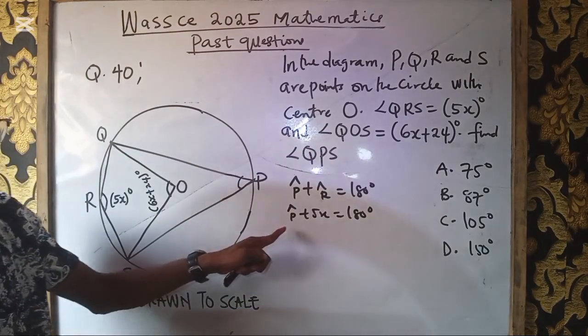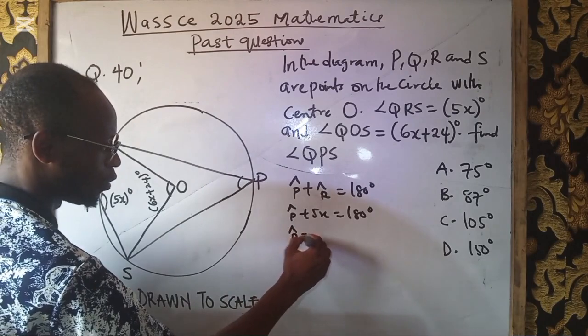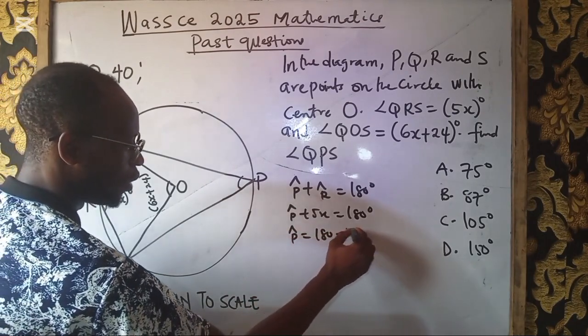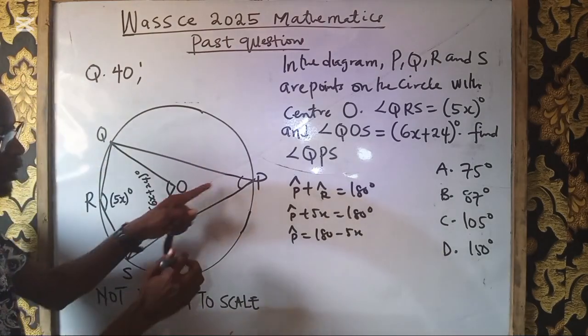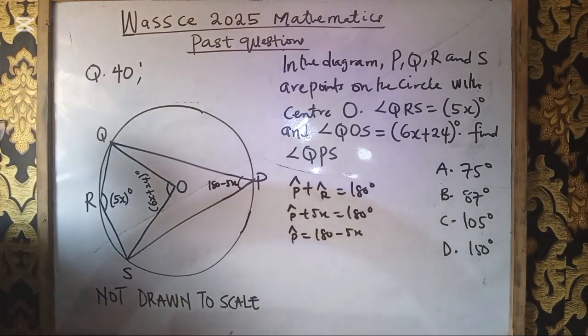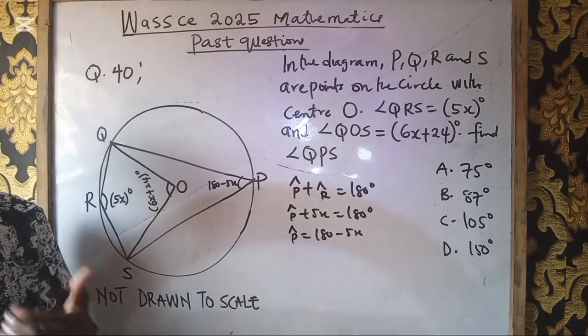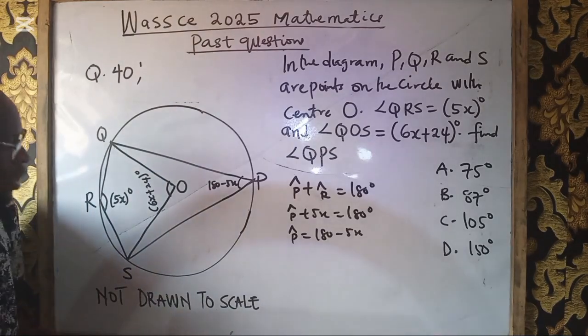Making P the subject of the formula, angle P equals 180 minus 5x. That means this angle over here is 180 minus 5x. But we don't need it in this expression because we need to find the value of x.